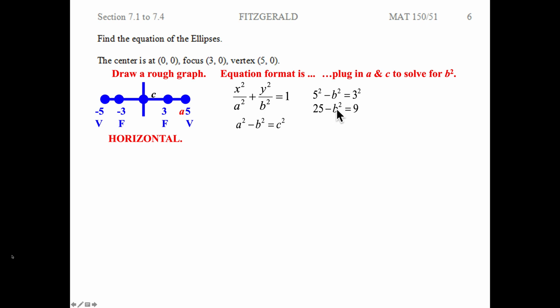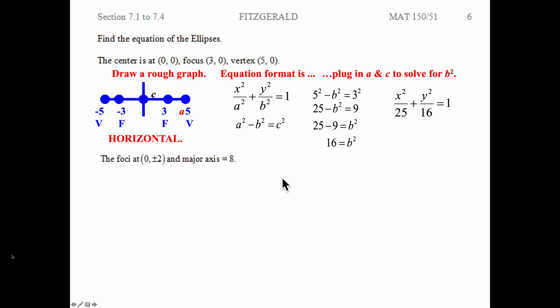So 25 minus B squared equals 9. Add the B squared over, subtract the 9 to the left. 25 minus 9 is 16, and you don't need the 4, you just need B squared to be 16, and your A squared to be 25. There's the equation of your ellipse.